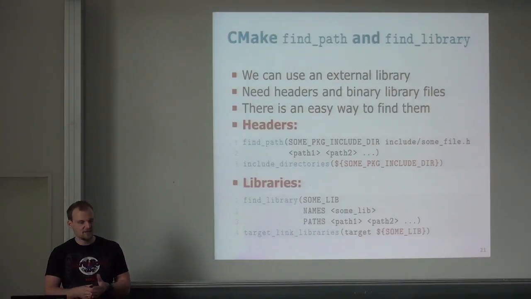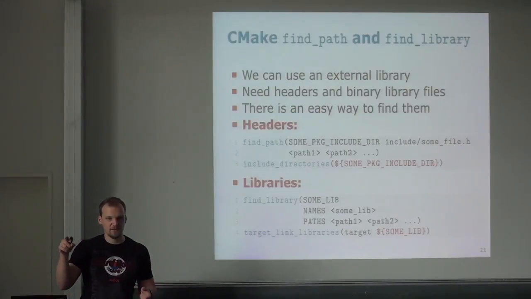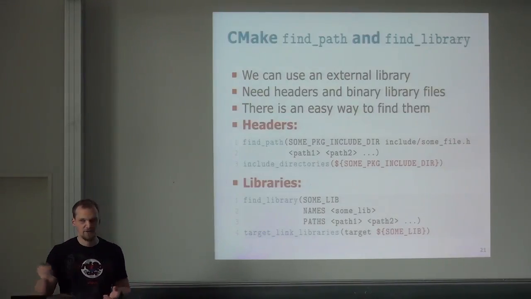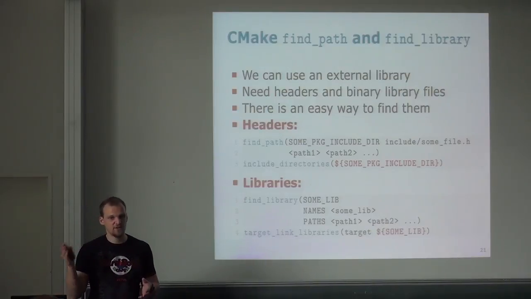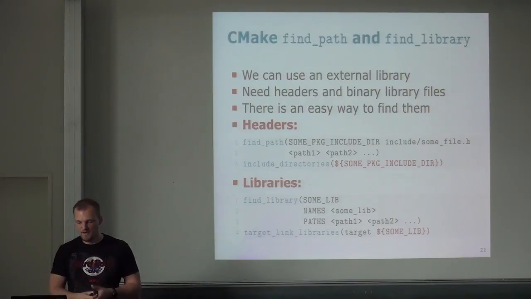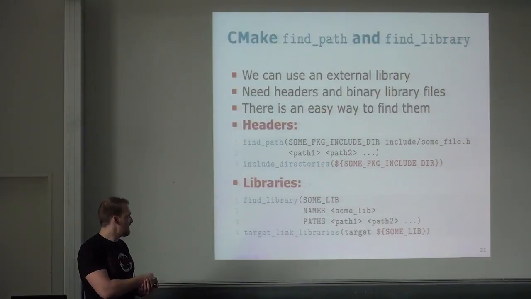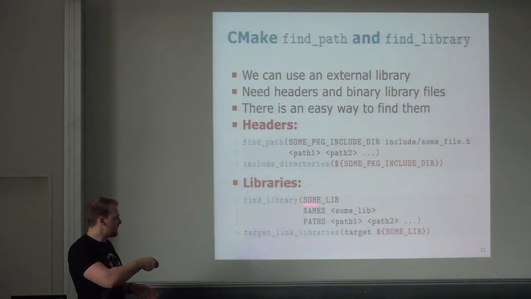The idea of using this function is that you don't want to write your own, like, that you're searching for .so or for .a or for something. You just want to say, I search for a library named like this, and it will search for everything that ends with .so or .a and so on. So what you do is you give a name of your library. This is what will be populated.